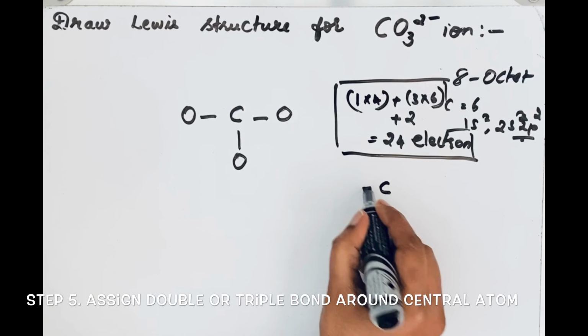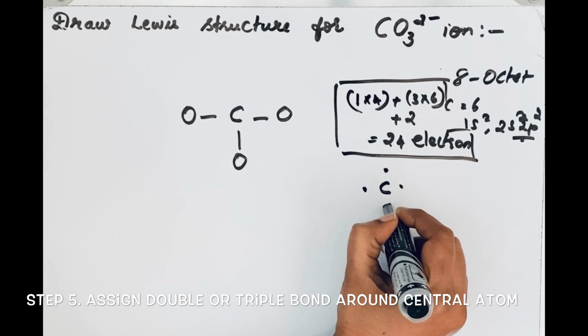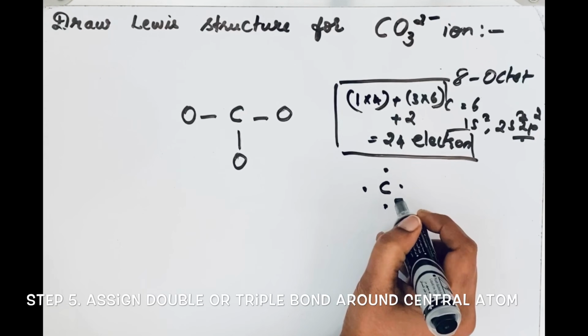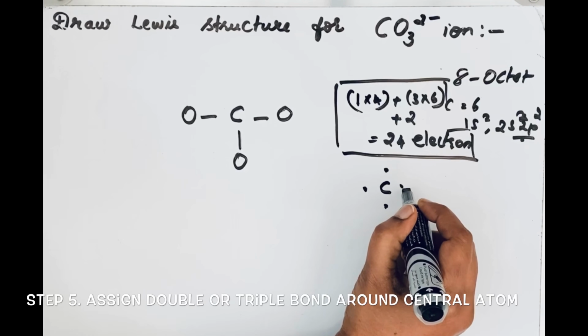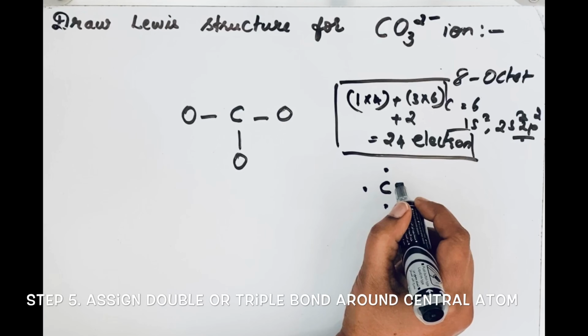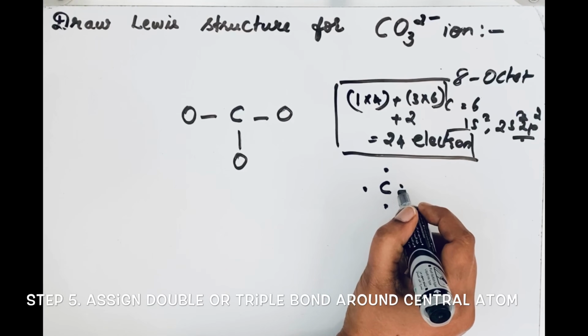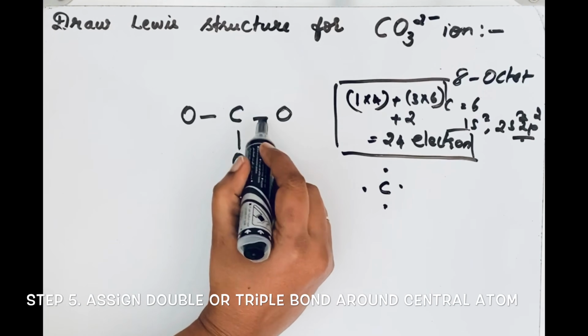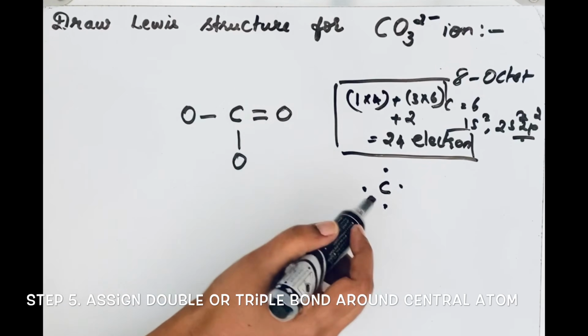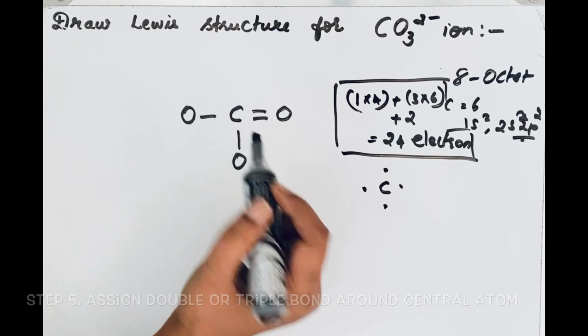It means carbon can make 4 bonds, and there is no lone pair on carbon. So carbon can make 4 covalent bonds. Here there are already 3 bonds, so one more bond we can draw. So 4 bonds over.